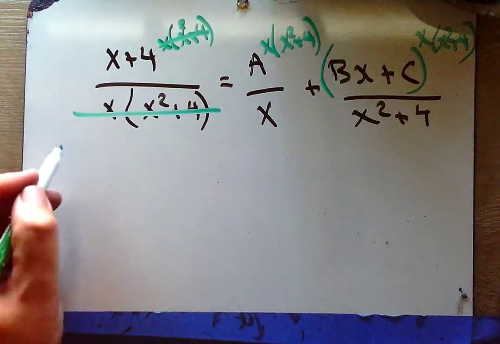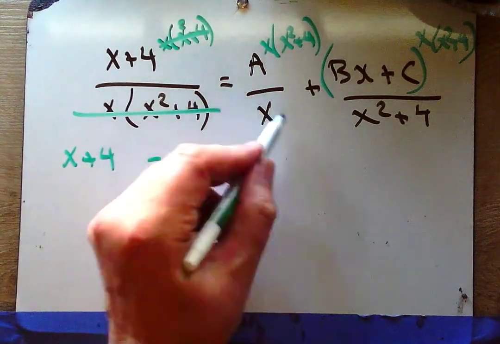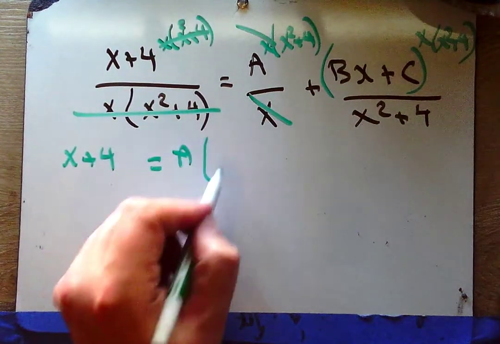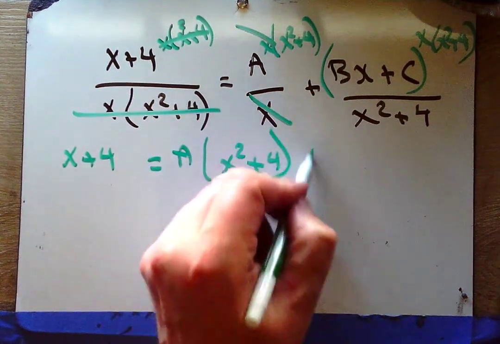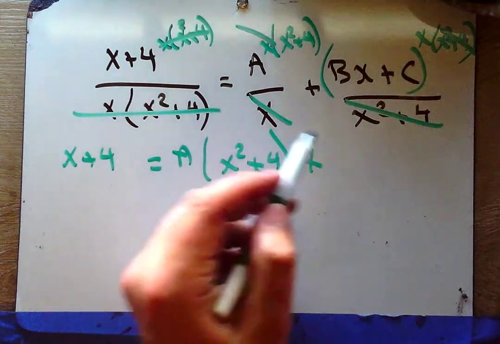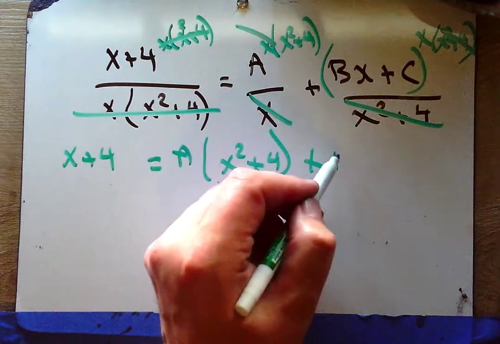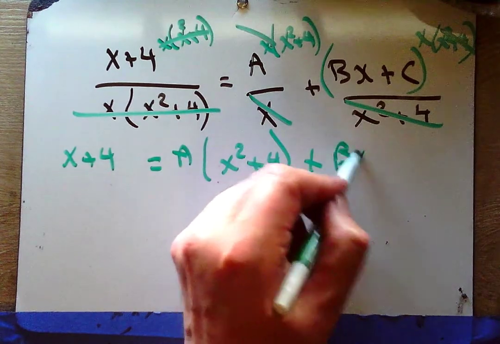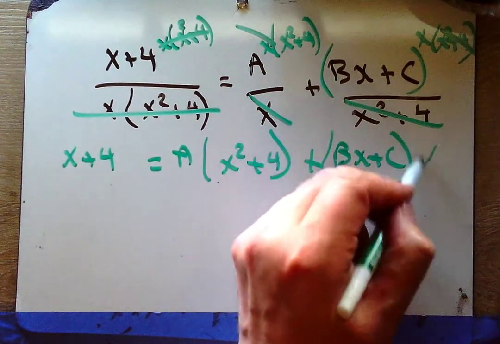These cancel these. This cancels that. This cancels those, but I do have to distribute the x to each of these. Actually, I could just leave it as (bx + c) times x.